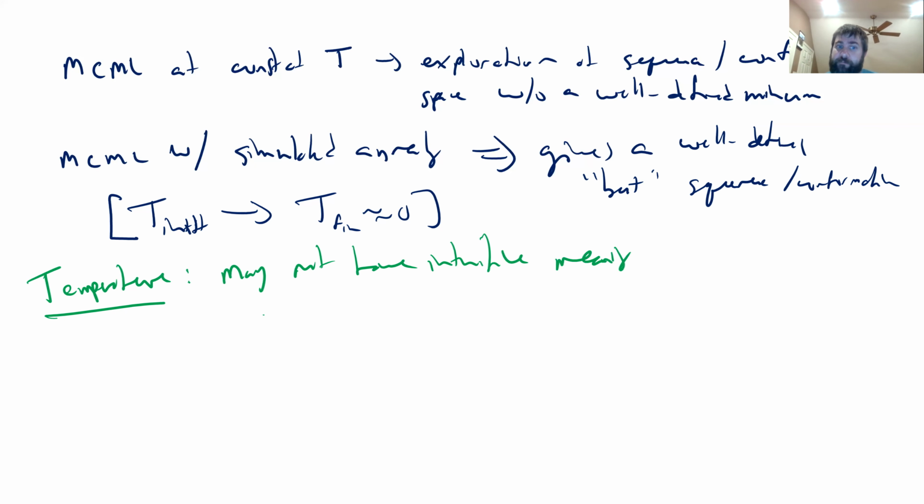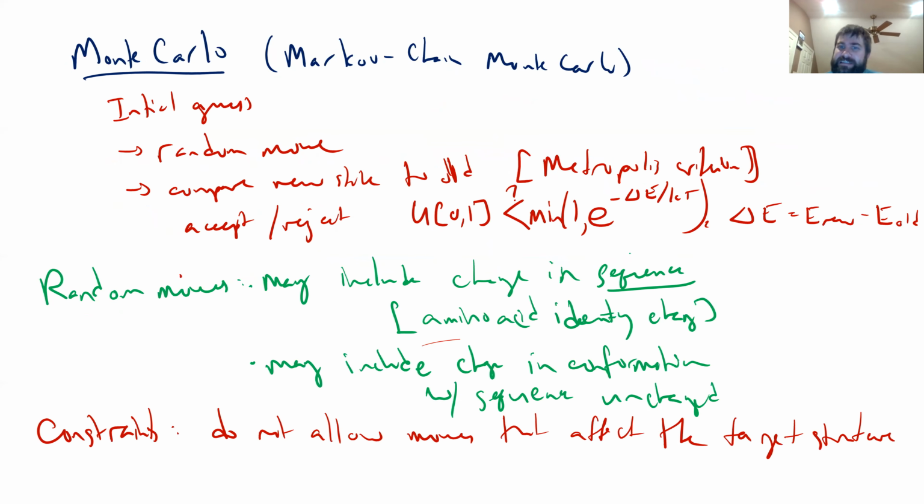This is generally true. We can apply these Markov chain Monte Carlo methods to any sort of problem. We can apply the Metropolis criterion for how we accept or reject moves in any kind of problem. But what does temperature mean in the context of this algorithm? It is a scaling factor on the energy, right? That's really what the effect of temperature is.